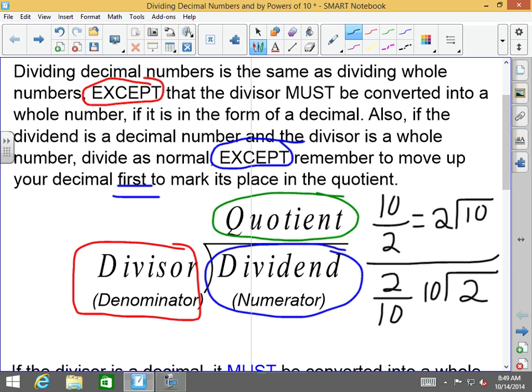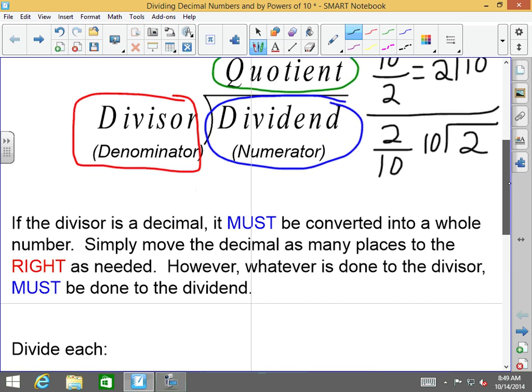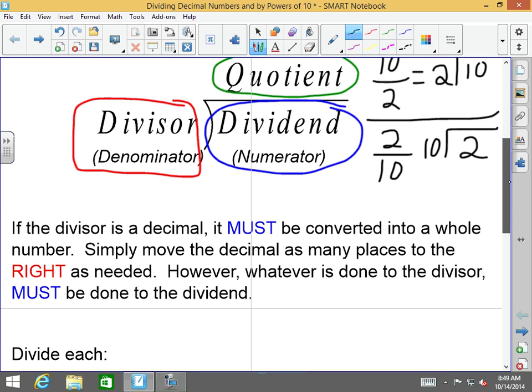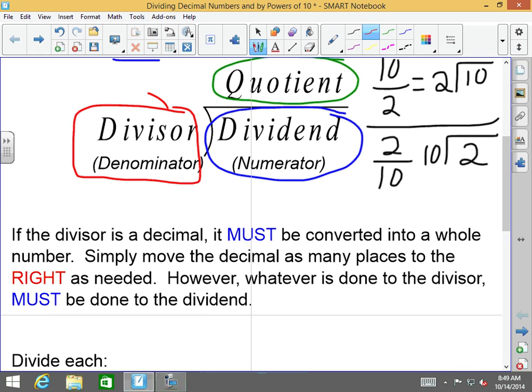So, let's talk about some procedures here. If the divisor, which remember is the one on the outside, the denominator, and which above is in red, is a decimal, it must be converted into a whole number. Simply move the decimal as many places to the right as needed.